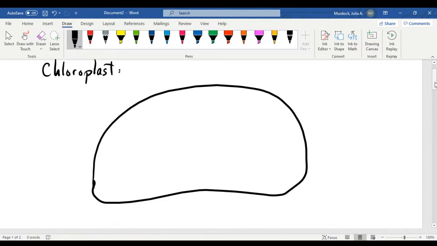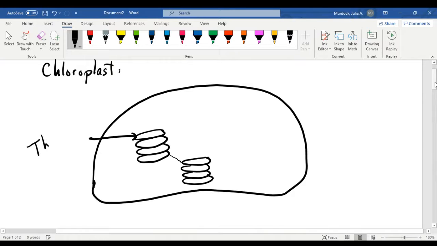And inside a chloroplast, there are some parts. There's a part within a part. And they kind of look like pancakes. They're these stacks of pancakes that are connected to other stacks of pancakes. Each pancake thing is called a thylakoid.